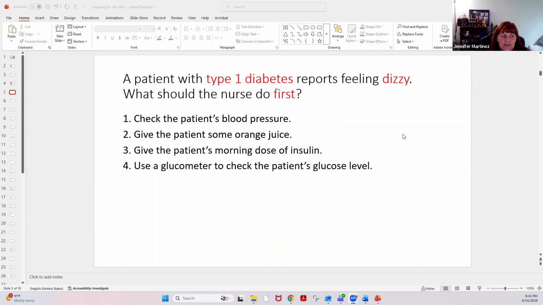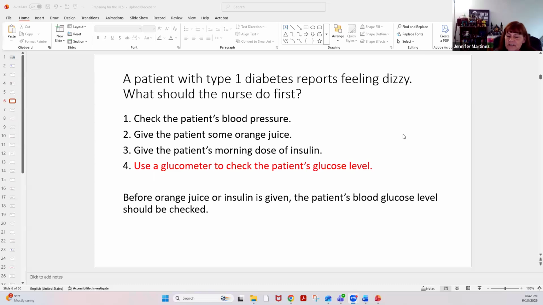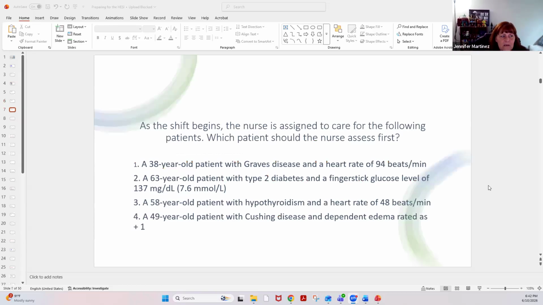What do I do first? Absolutely. You're going to check the patient's glucose level, right? We want to know what that glucose level is, especially knowing that they are a diabetic. So before we give any juice or insulin, always check that. Good job.